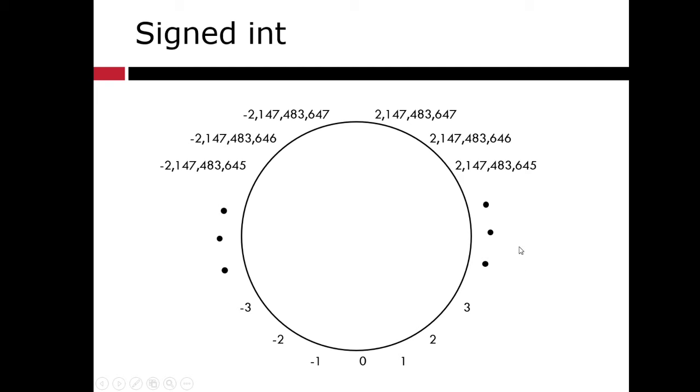Excuse me, I didn't say it right. The maximum positive number is 2 billion, blah, blah, 647. And if you add 1 to this number, it goes to negative. It's going to be negative 2 billion, blah, blah, 648.